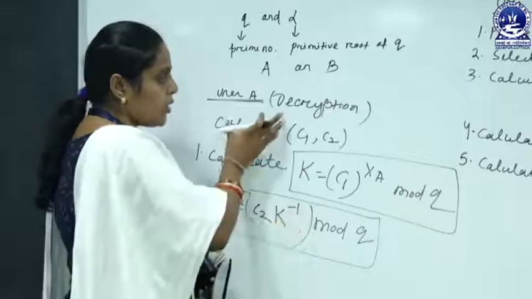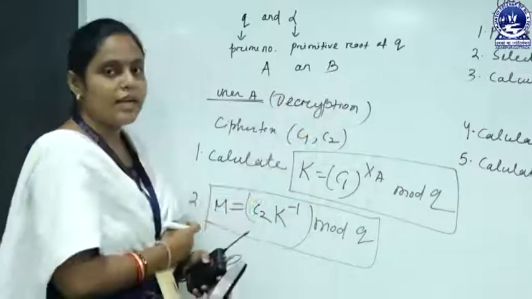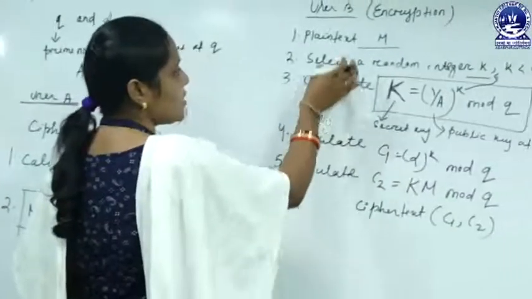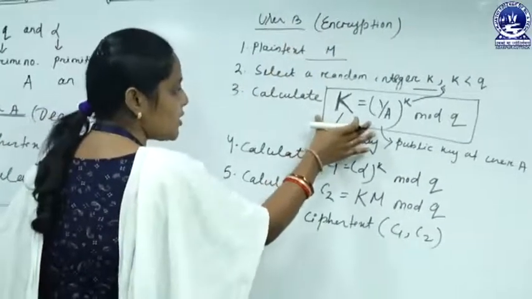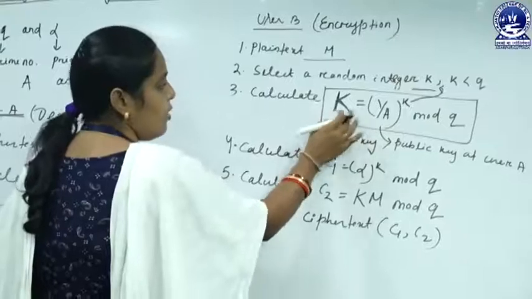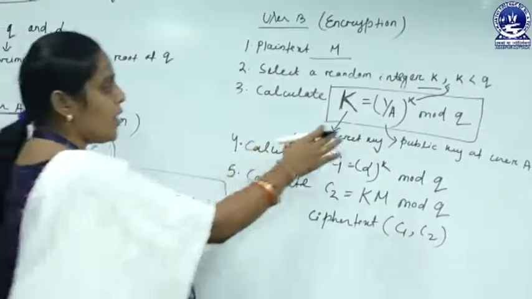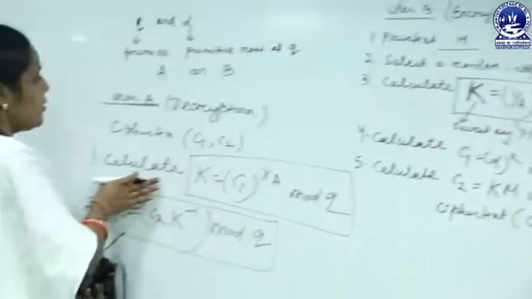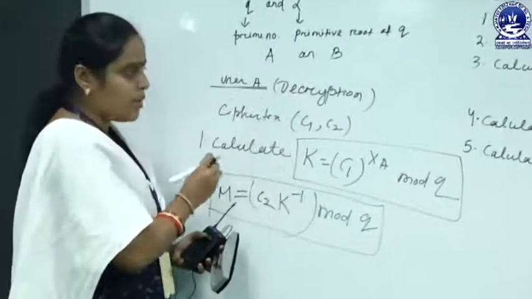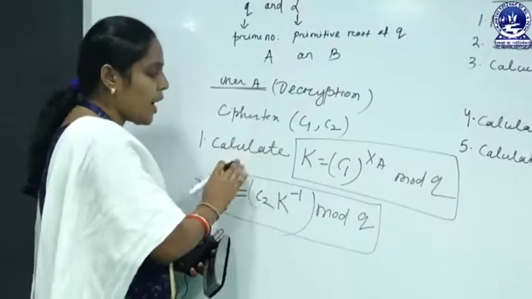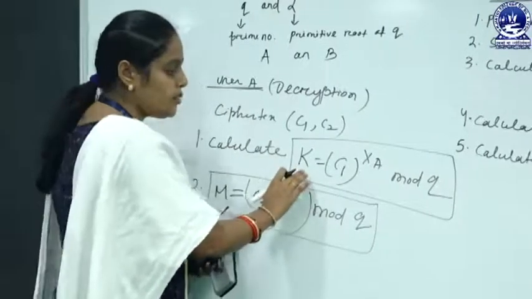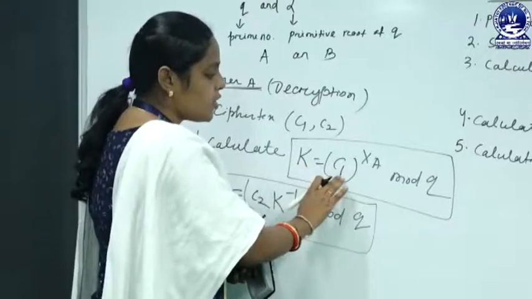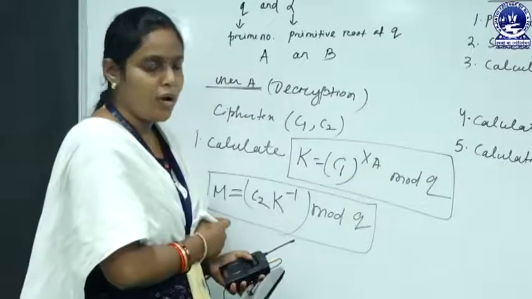Now look at the encryption process and decryption process. In the encryption process, user B calculates the secret key K, which is equal to ya to the power k mod q, and during the decryption process user A calculates the secret key K equal to C1 to the power xa mod q.